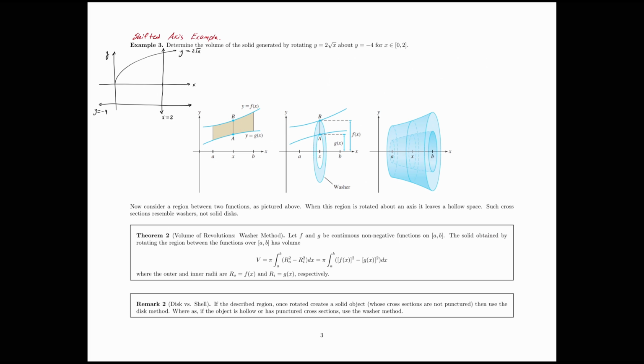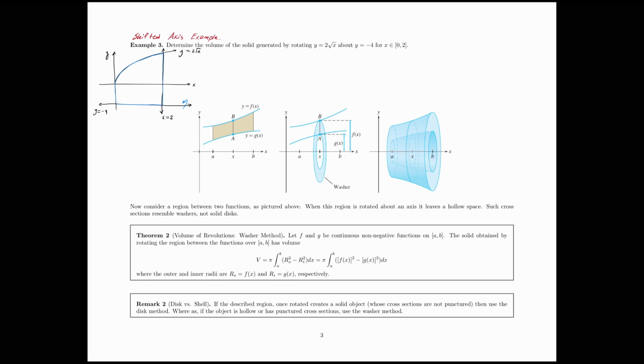So I'm going to run with that assumption, that this region touches our axis of rotation. So if I outline our region in blue here, that is what's being rotated about that axis, y equals -4.